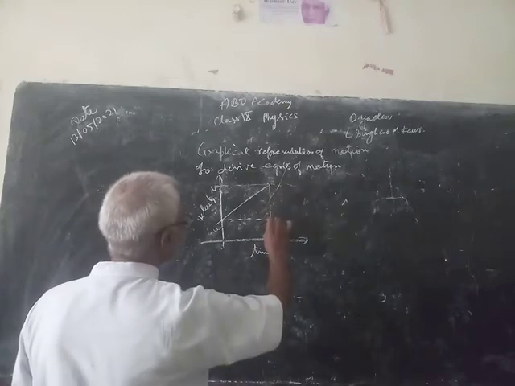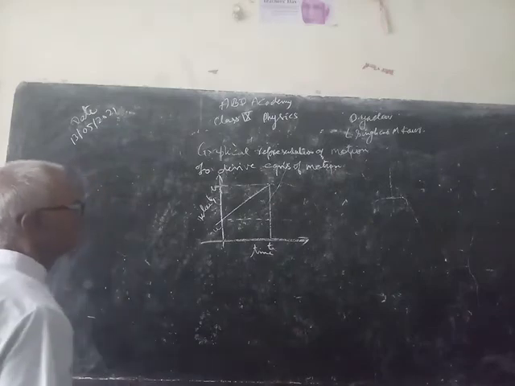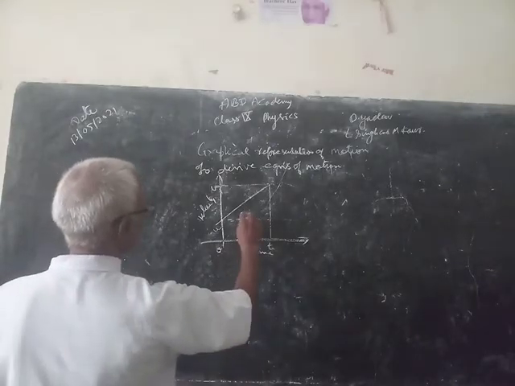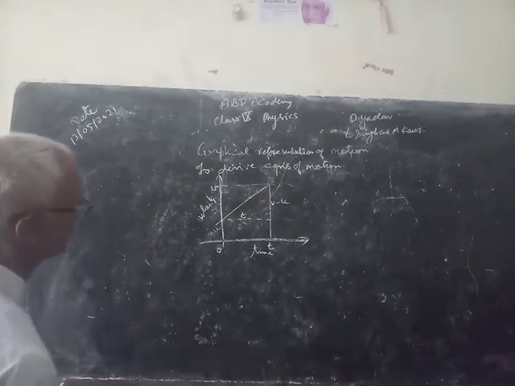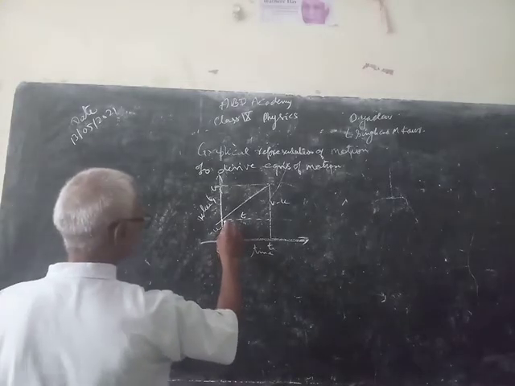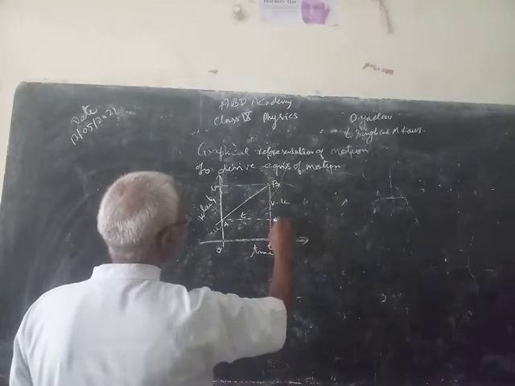When time is from here to here, it is t, and the height is v minus u. So here, the area of the triangle: suppose this is a point b, and here we come to c.